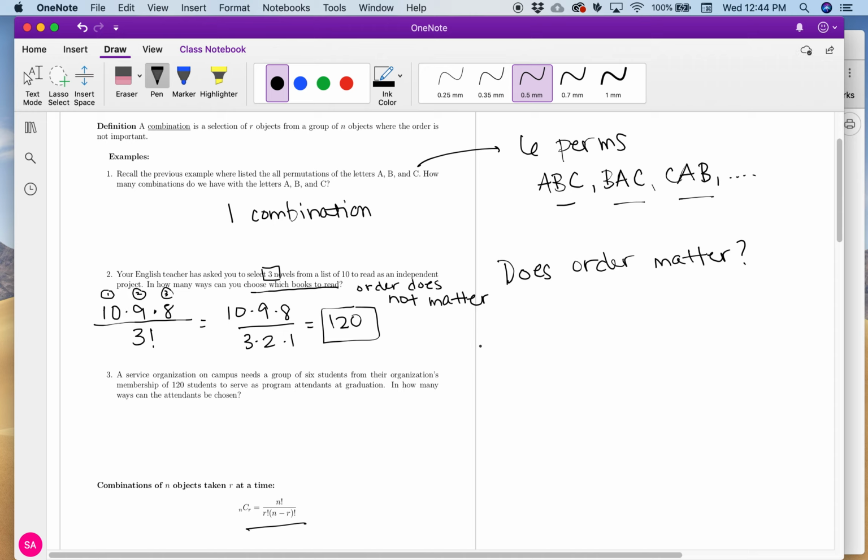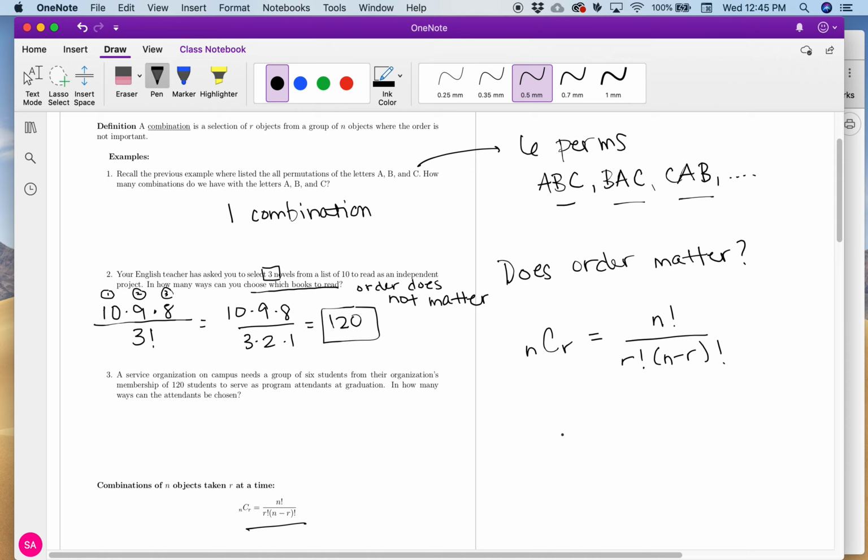Now let's look at the formula, which I have down here. Let me rewrite it. nCr, because C is for combination. We use P for permutation, C for combination. It's equal to n factorial over r factorial times n minus r factorial. So there's a little bit more work involved in this one.